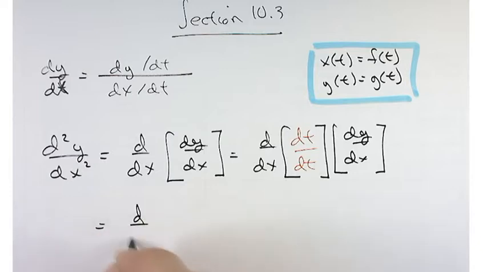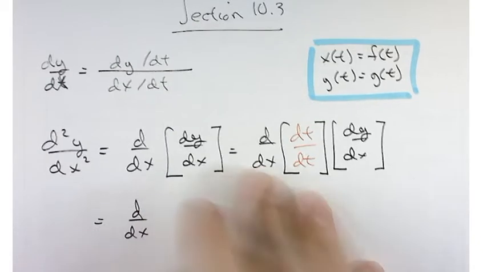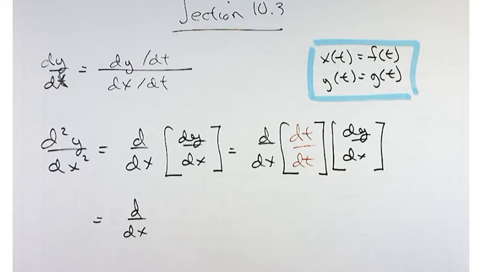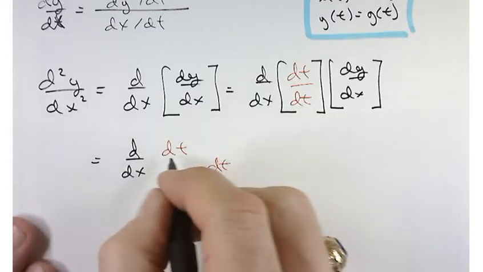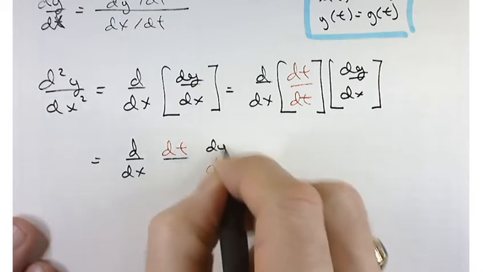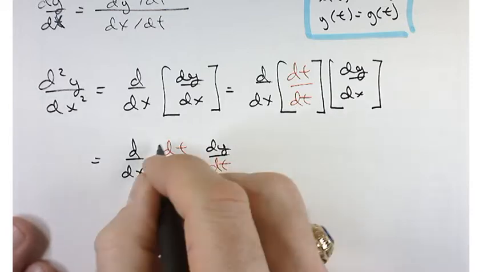So d by dx. If I mix these things up, I'll have the dt here and a dt here, and just move things around. I'll have dy here and dx here.